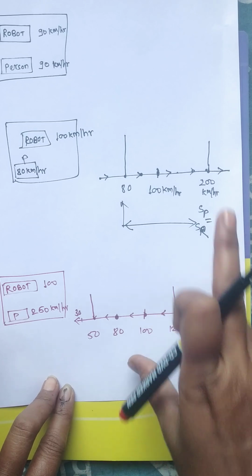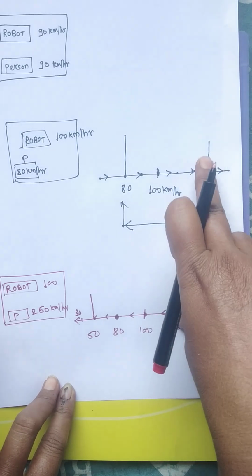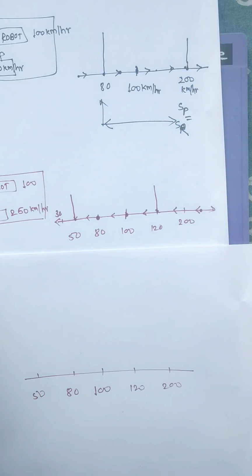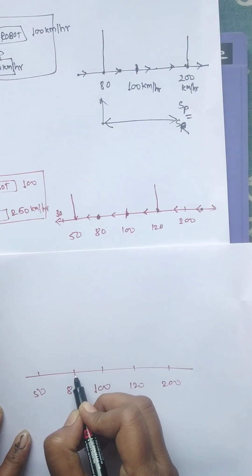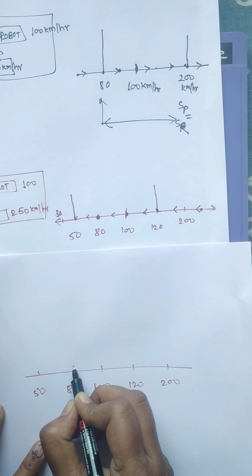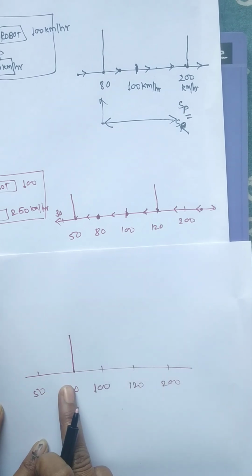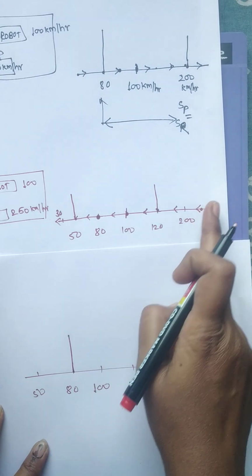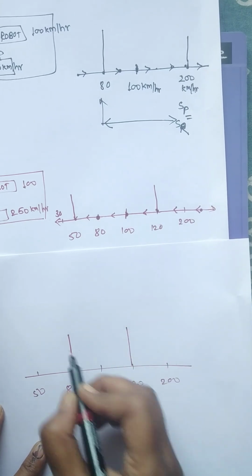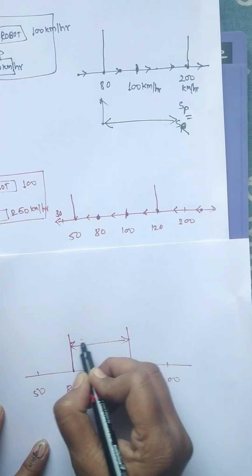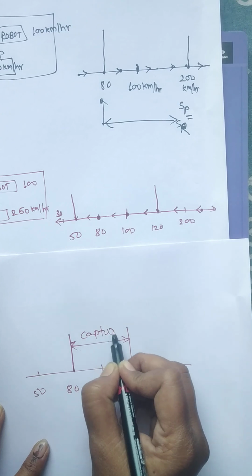So now what we have to do, we have to combine these two graphs together. Okay, so in the first case, while increasing the speed, it has started detecting at 80. While decreasing the speed, the robo has started detecting at 120. So this range of 80 to 120 is called the capture range.